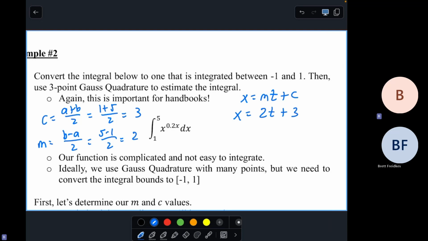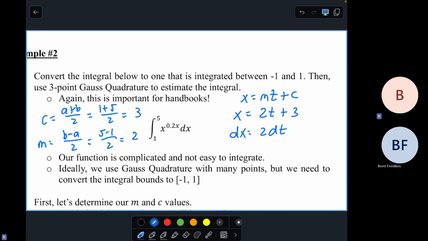And what is dx? 2dt. That step is the step that most people forget. Last semester, we'll see this on the practice exam, I had a problem that basically said convert the bounds. And most people forgot the dx. That's a dumb thing to forget.